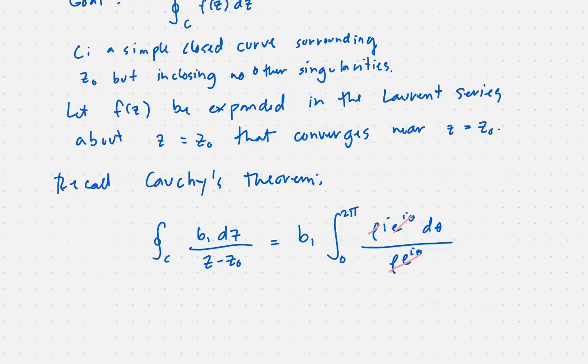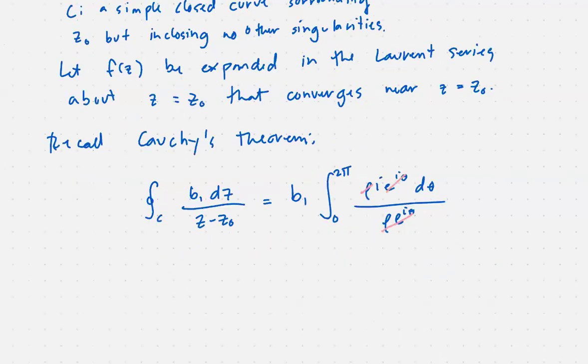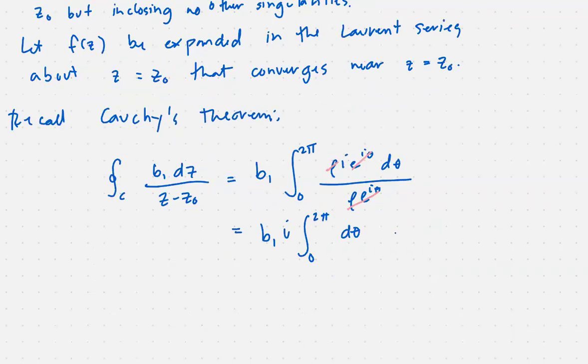Now, doing so, it is as simple as B1 times i times the integral of d theta from 0 to 2 pi. And that integral is actually just equal to 2 pi, right? So this becomes B1 i times 2 pi. Rearranging, this becomes 2 pi i B1.